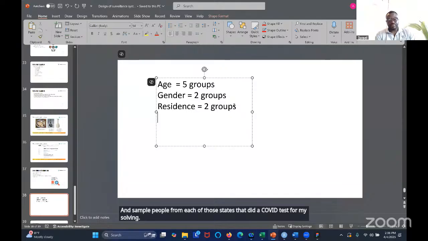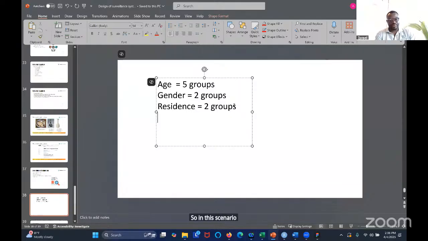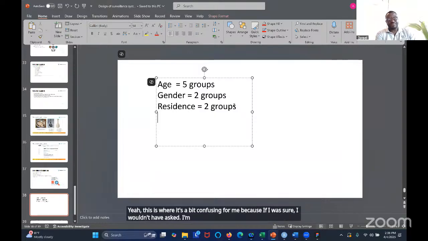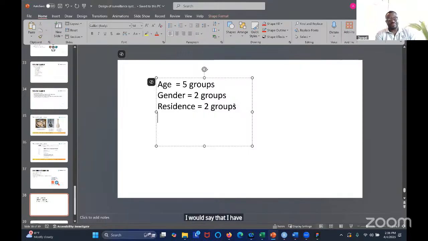So in this scenario, what will I be looking at as the number of clusters? Okay. What do you think? Yeah, this is where it's a bit confusing for me, because if I was sure, I wouldn't have asked. I'm a little lost on this. I would say that I have 6 clusters, but my challenge now is what you have just said, that it has to be 8.